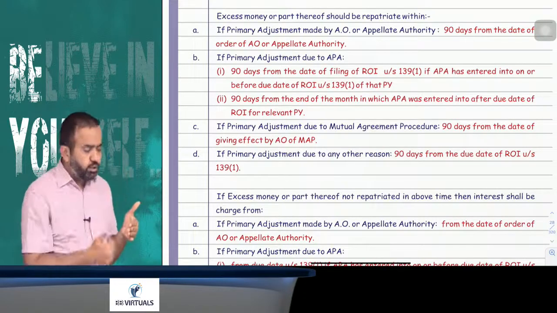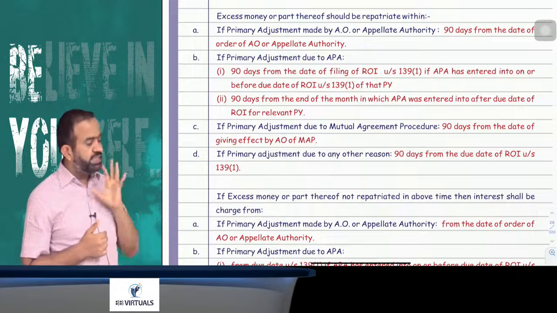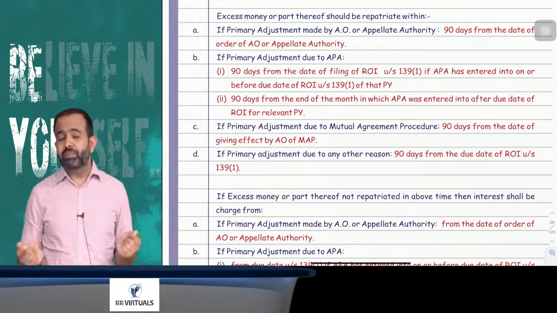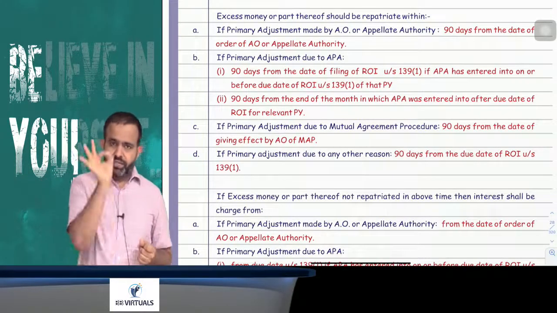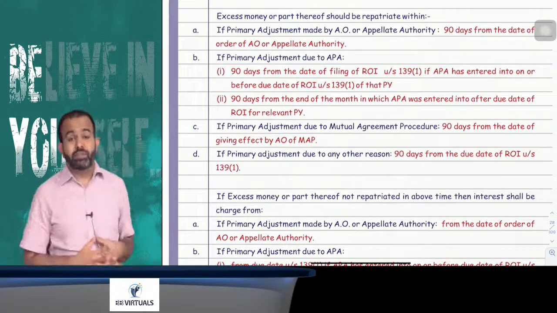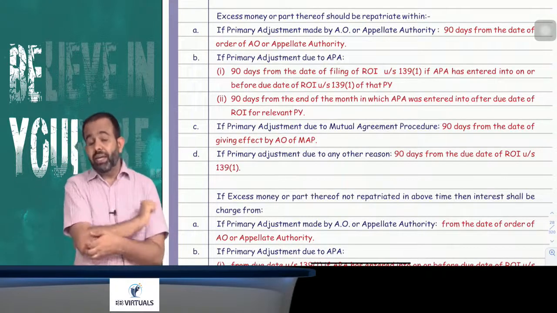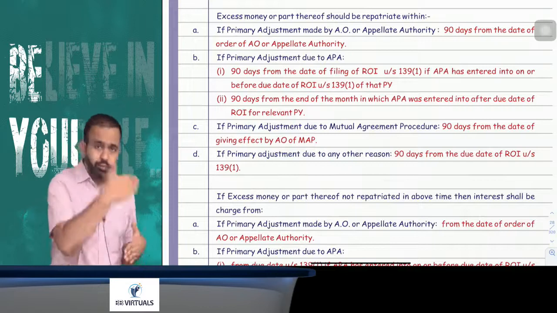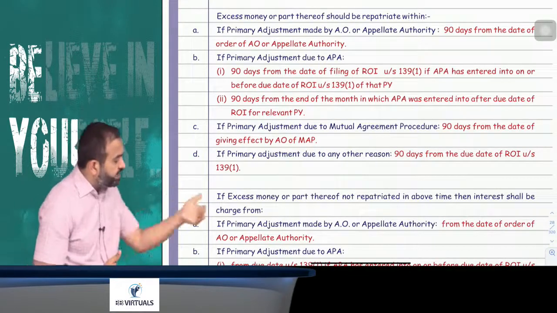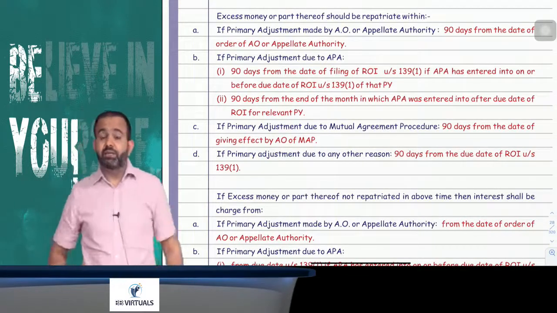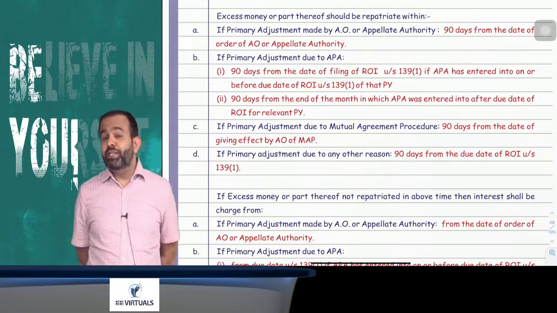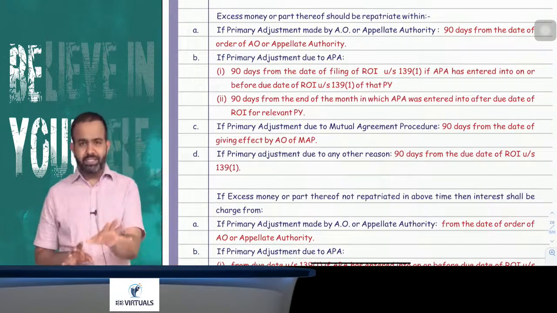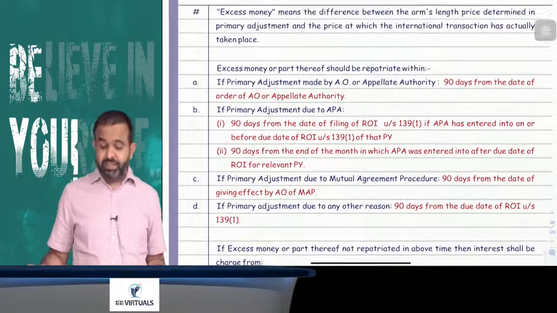So from the date of the order, you have to repatriate that money within 90 days. What I am saying is that if the primary adjustment is due to the order of the assessing officer or appellate authority, then within 90 days from the date of the order you have to bring that money into India. Suppose the primary adjustment is due to the APA. APA means advance pricing agreement.